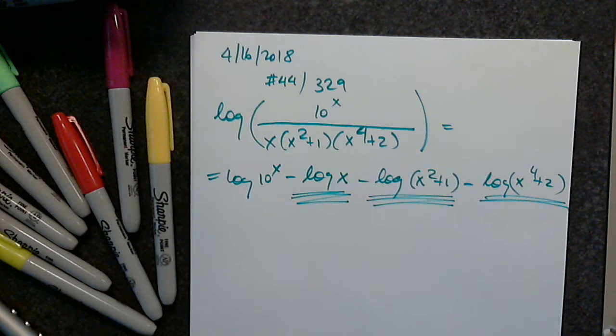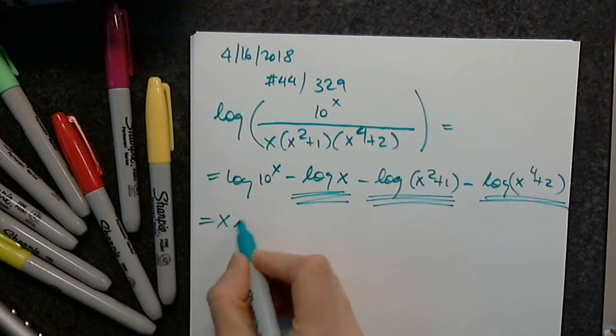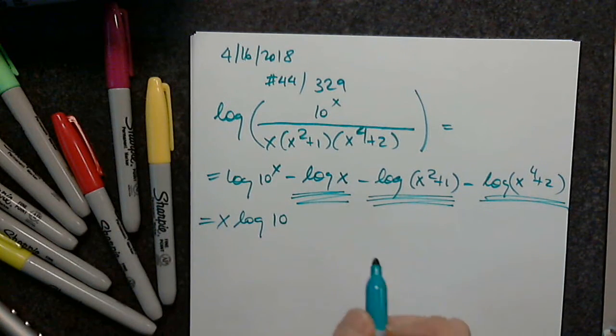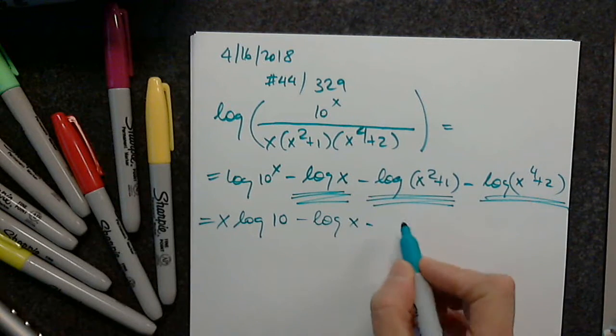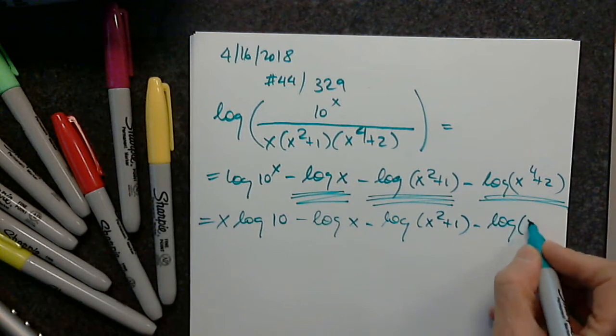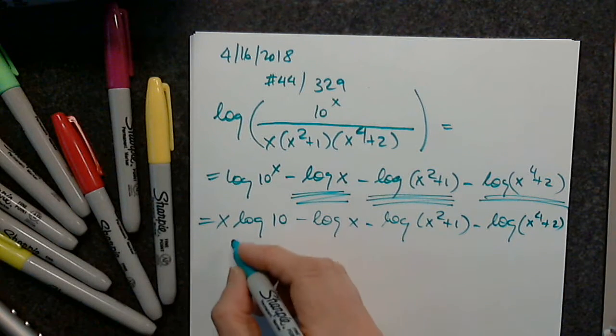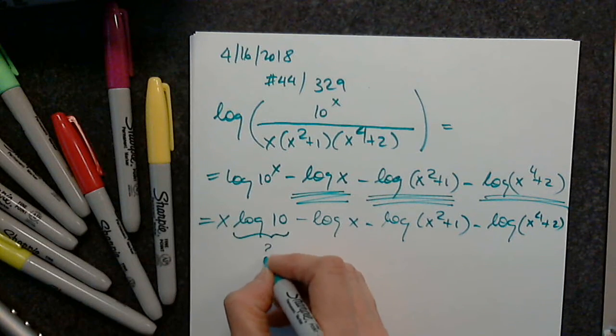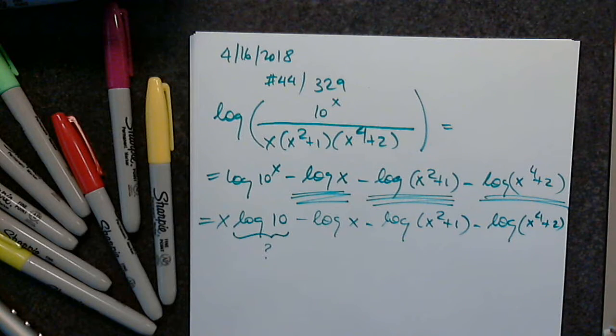And then the first one will change to x times log 10. And then that's it. I have to attempt, if possible, to simplify anything that does not have x in it. There is nothing I can do here, here, here, and there's nothing I can do to x.